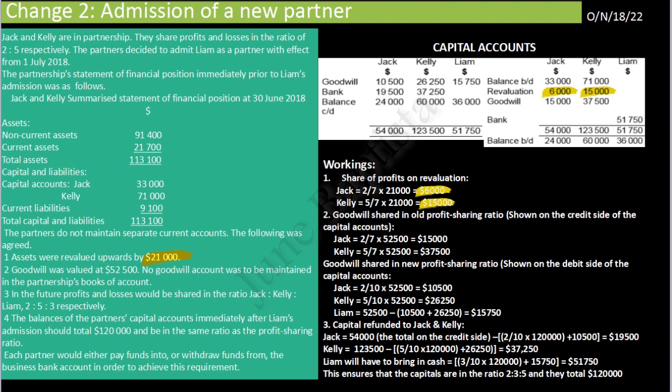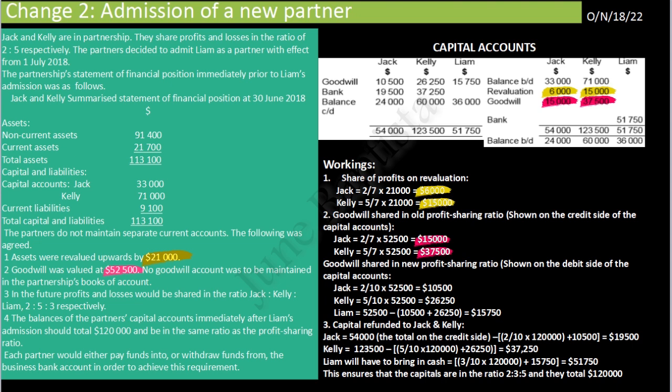Working 2. Goodwill that is shared in the old profit-sharing ratio and therefore shown on the credit side of the capital accounts. The goodwill is $52,500. Jack's share would be $15,000 and Kelly's share would be $37,500.